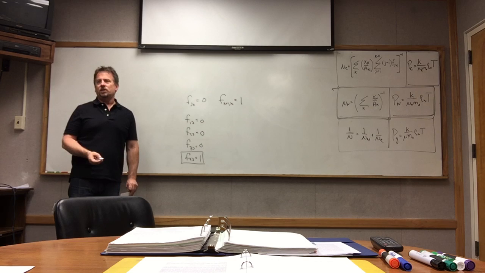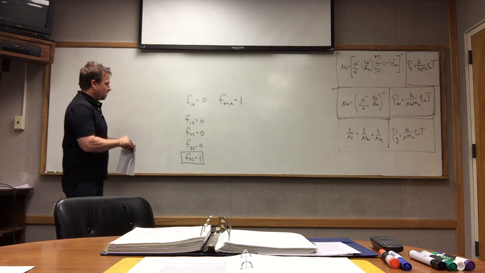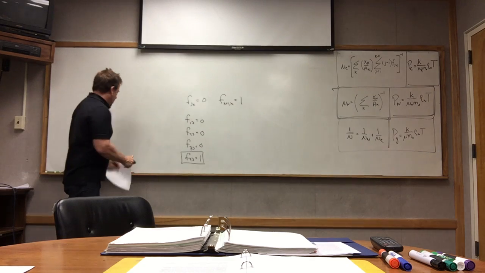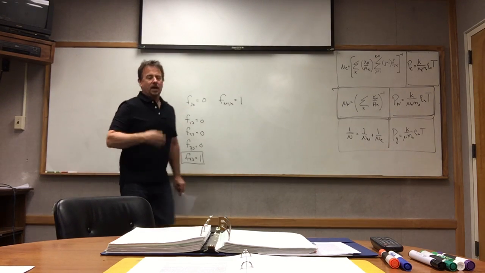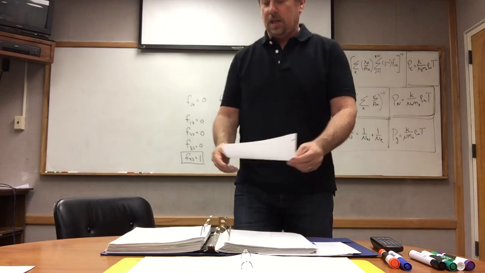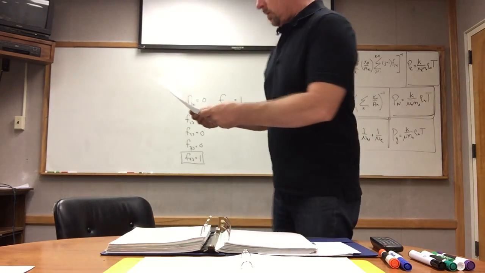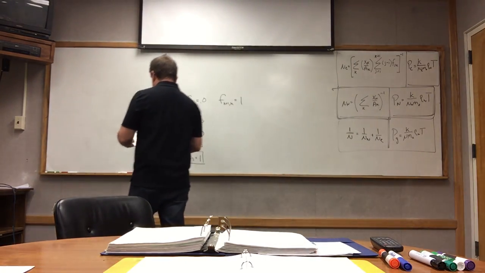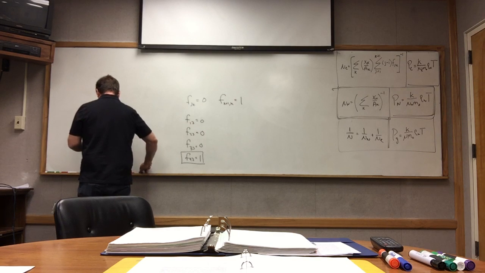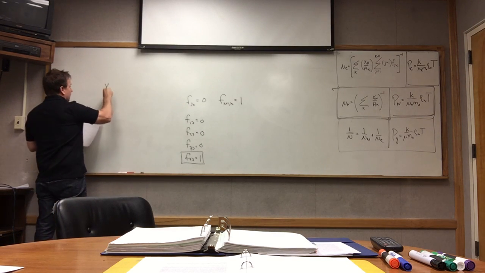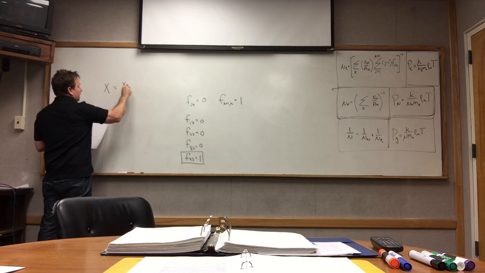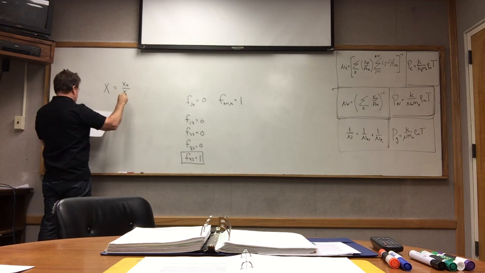That's how you would define a fully ionized gas. Does everybody follow me on that? Okay. So then what you do is you start with that and you run that through the equations I gave you, and you use the definitions of x, y, and z that I gave you. How is that?